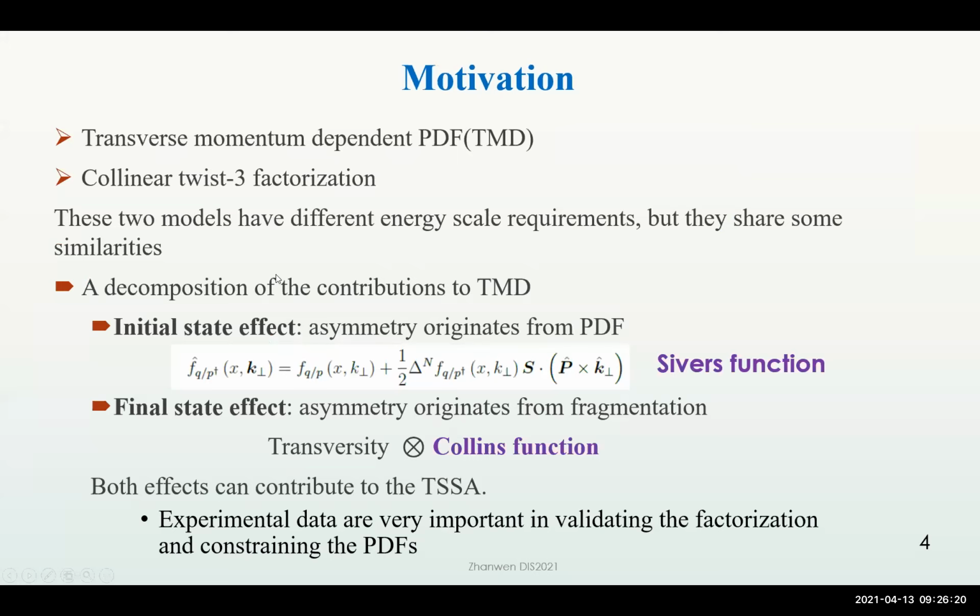For example, we have the TMD framework. Like in other frameworks, it divides the total effect into two parts: one comes from the initial state, one comes from the final state. So usually when we measure the pion TSSA, we are measuring both effects.